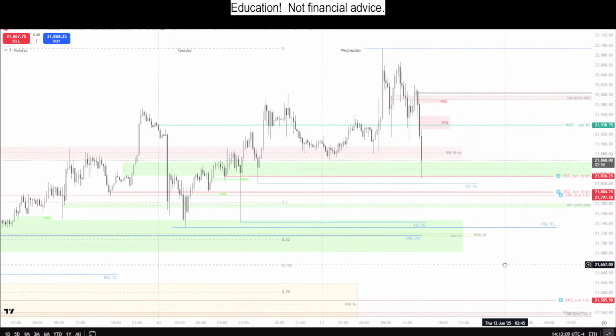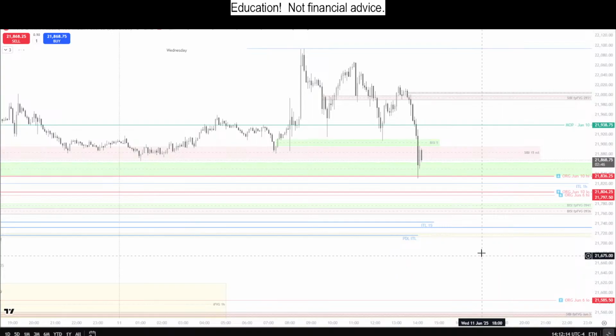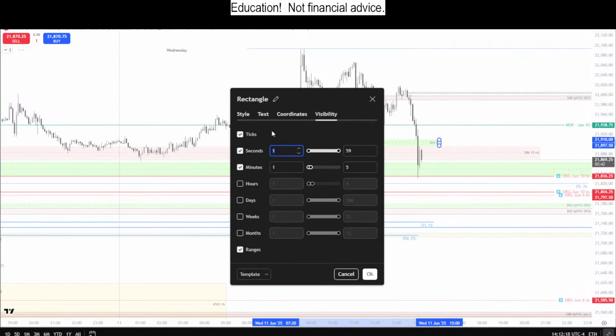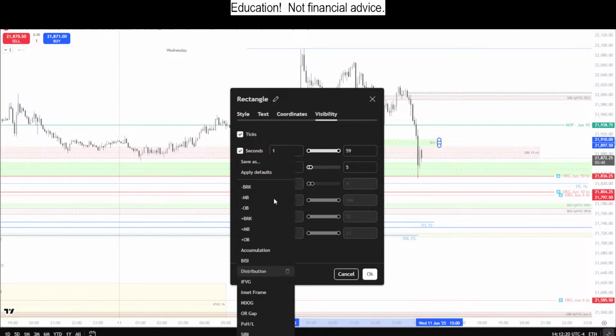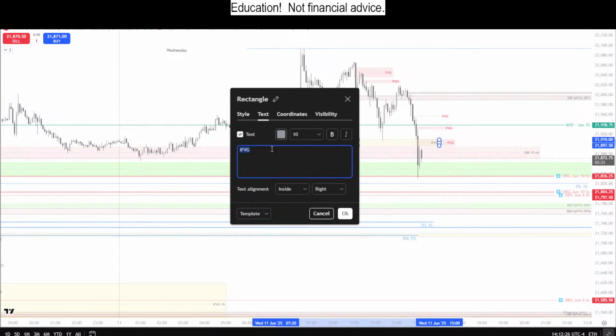All right, price is curling back down. Let's go down to the 5-minute and get a closer look at what's going on here. So we've inverted this 5-minute BISI. Put a minus there for bearish inversion, 5-minute.